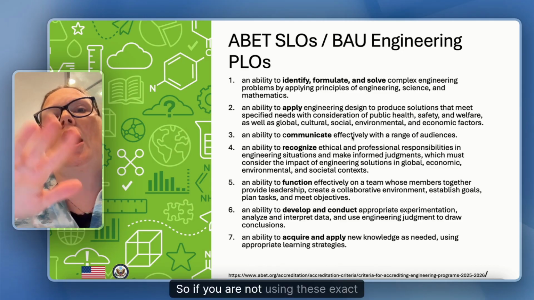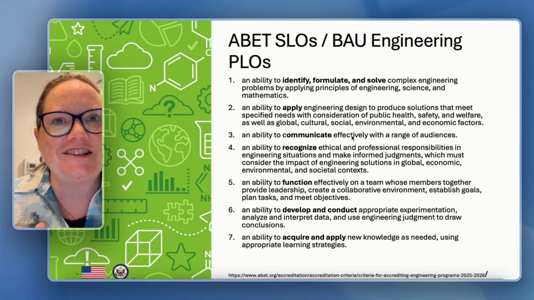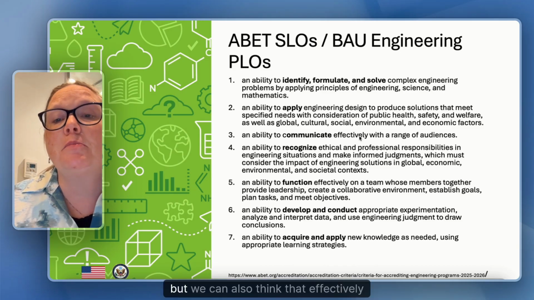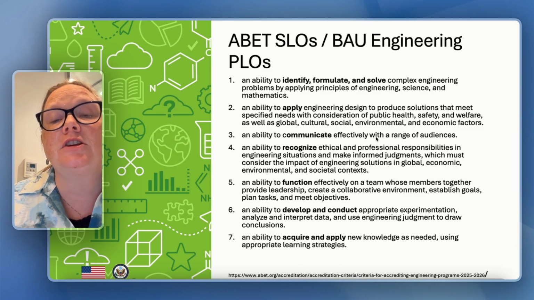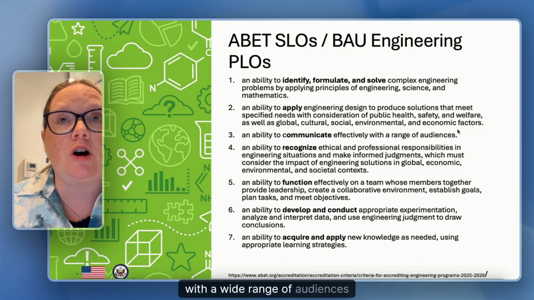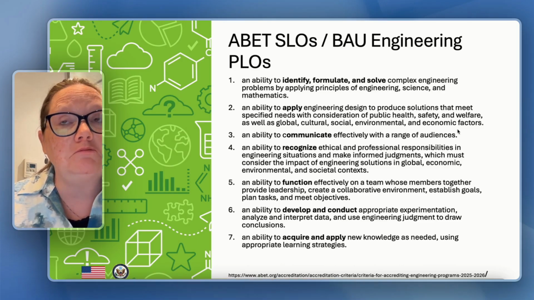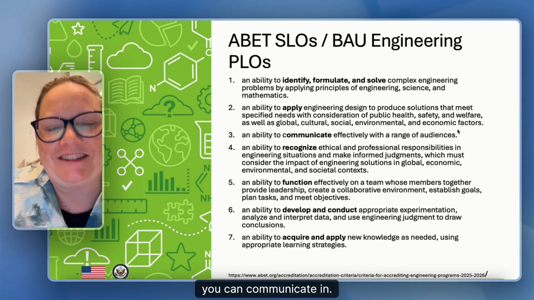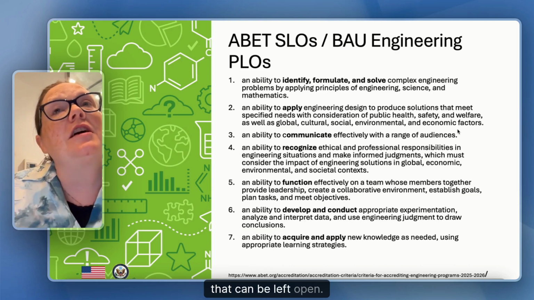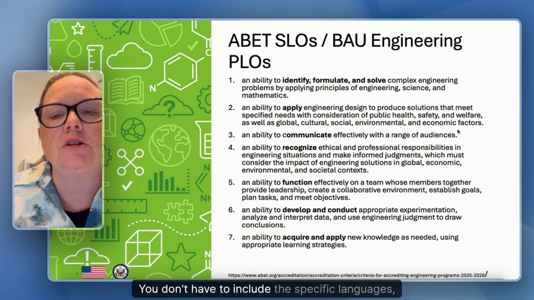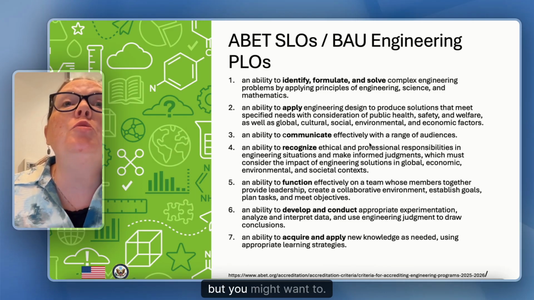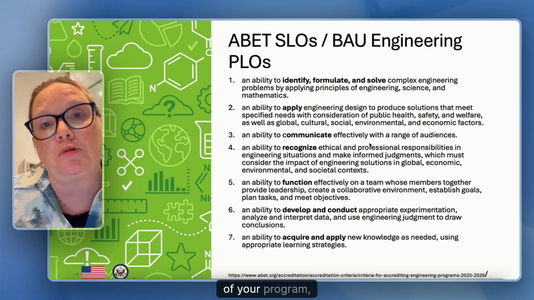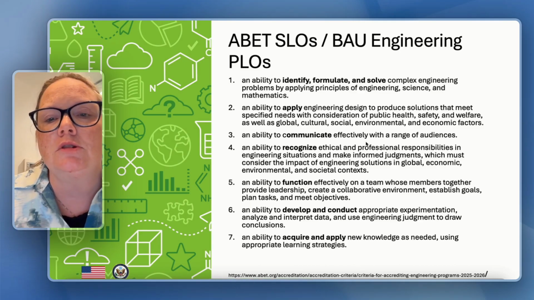So if you are not using these exact PILOs, you could include other languages, but we can also think that effectively with a wide range of audiences means whatever language the audience needs, you can communicate in. So that can be left open. You don't have to include the specific languages, but you might want to if that's a really important part of your program. You may want to include English.